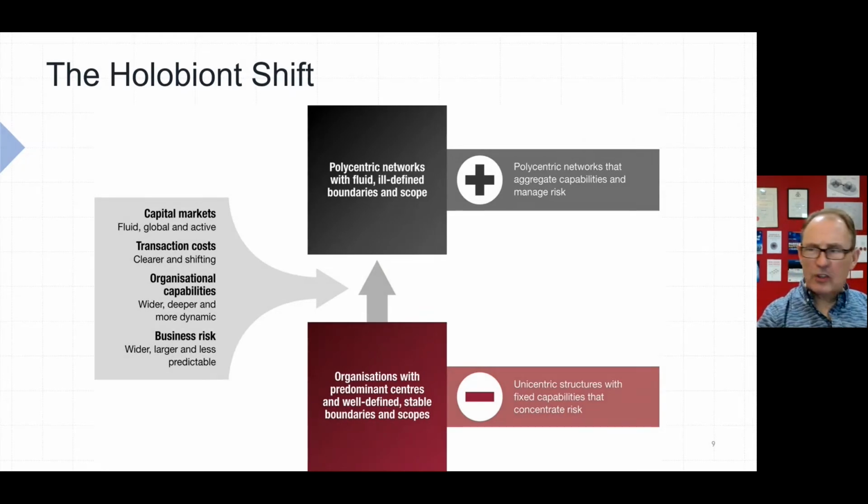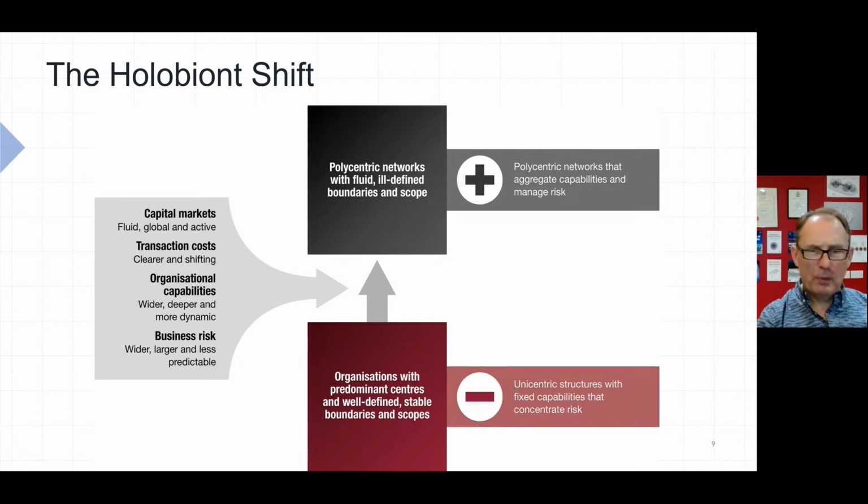The third of the six great shifts we're seeing is the holobiont shift, caused by these things on the left. It shifts the world from a world where the organizations that competed were predominantly vertically integrated organizations with predominant centers, well-defined boundaries and scope, and what competes now are polycentric networks that are fluid and ill-defined networks of organizations.